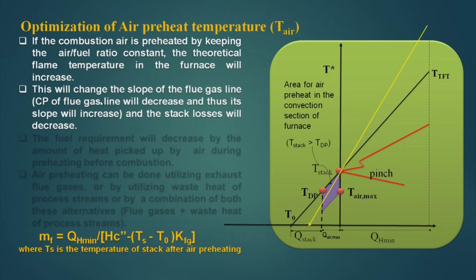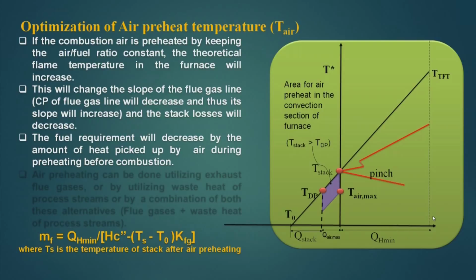So, this says that this will change the slope of the flue gas line, Cp of the flue gas line will decrease and thus its slope will increase. The fuel requirement will decrease by the amount of heat picked up by the air during the preheating before combustion.